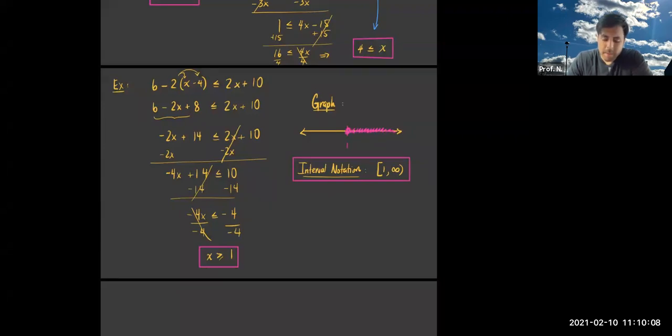So the name of the game, so there's like a little game, right? I want to get x on one side of the inequality or equation for these kind of problems, right? I just want to get x alone. That's the goal of this game. The problem is I got x's on two sides of the inequality, or I can have two sides of the equation. I have x's on both sides.